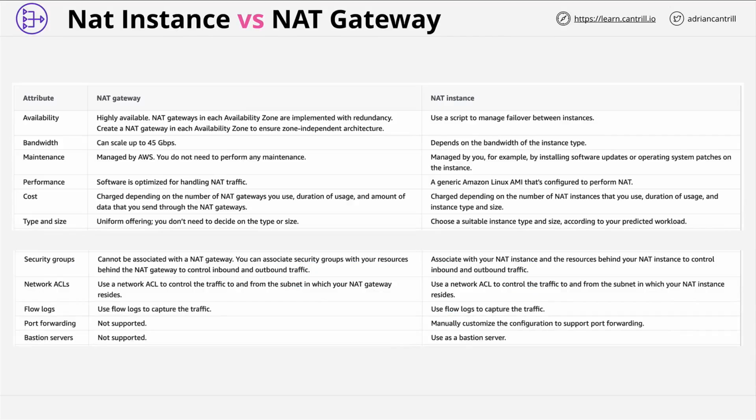I mentioned at the start of the lesson that NAT used to be provided by NAT instances, and these are just the NAT process running on an EC2 instance. Now, I don't expect this to feature on the exam at this point, but if you ever need to use a NAT instance, by default, EC2 filters all traffic that it sends or receives.